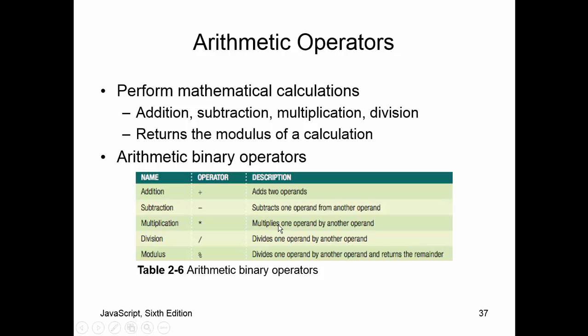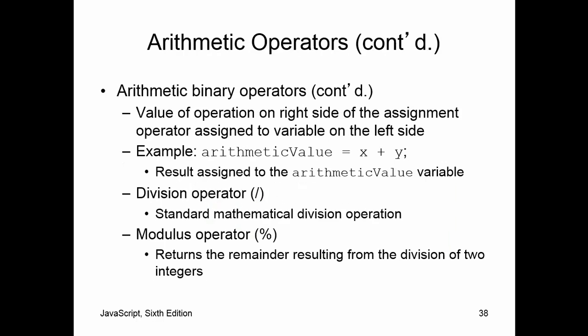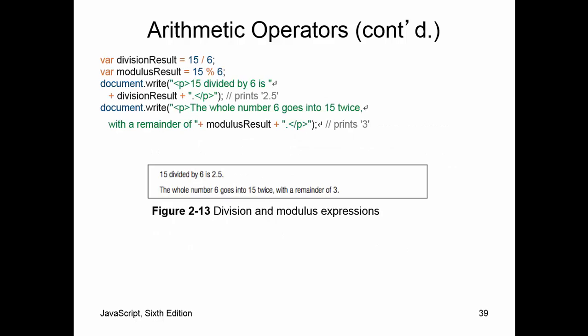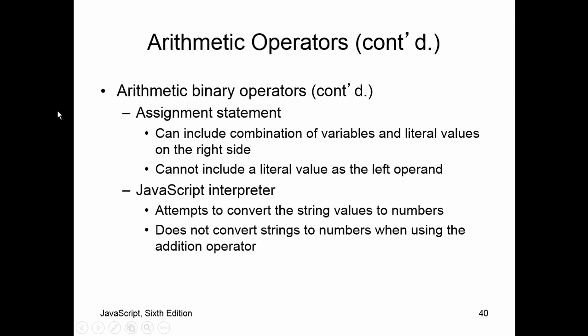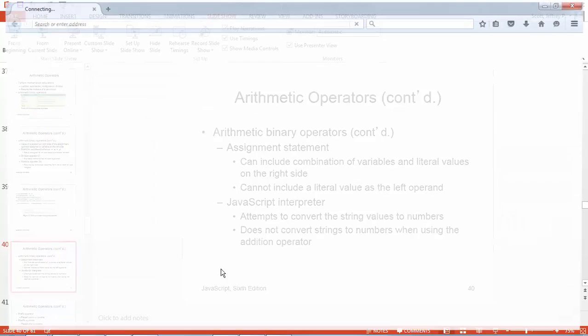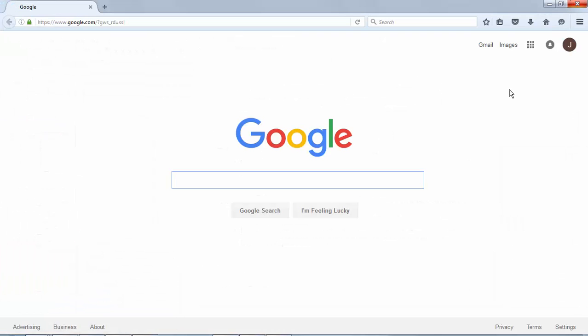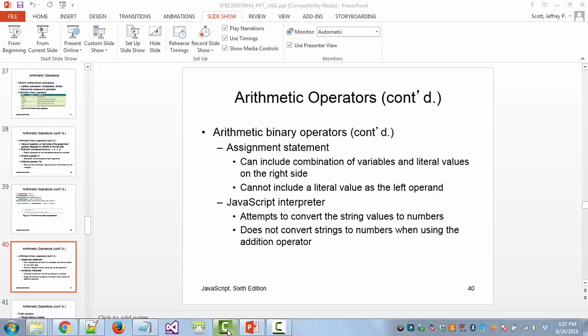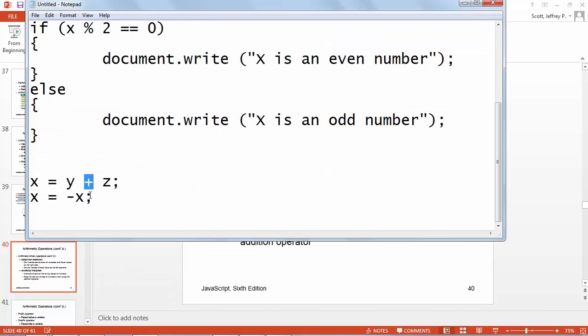All right, again, here are your mathematic operators. We've already looked at them a little bit. There's a couple in there that I skipped, so let's talk about those right now. What if I want to add 1 to x, okay?